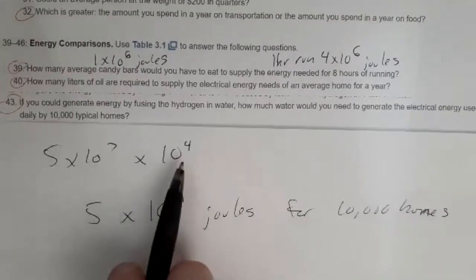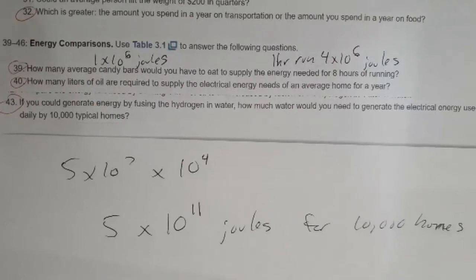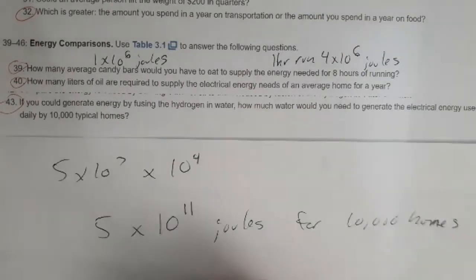This is one home by 10,000 homes, right? That's what we're doing. We'll give you the 10,000 homes, or 5 times 10 to the 11 joules. By fusing hydrogen, the energy released by fusion of hydrogen in 1 liter of water is 6.9 times 10 to the 13th.